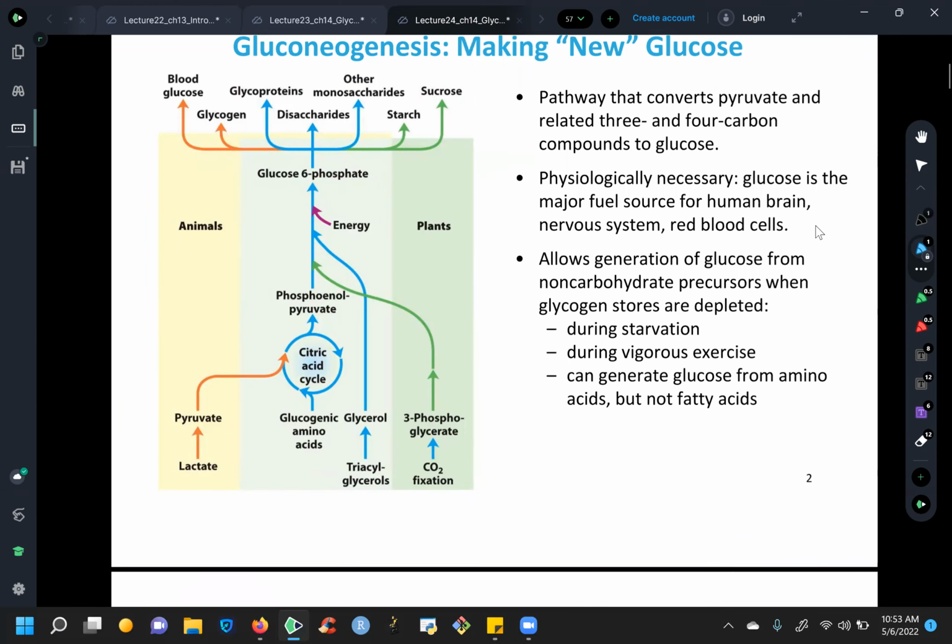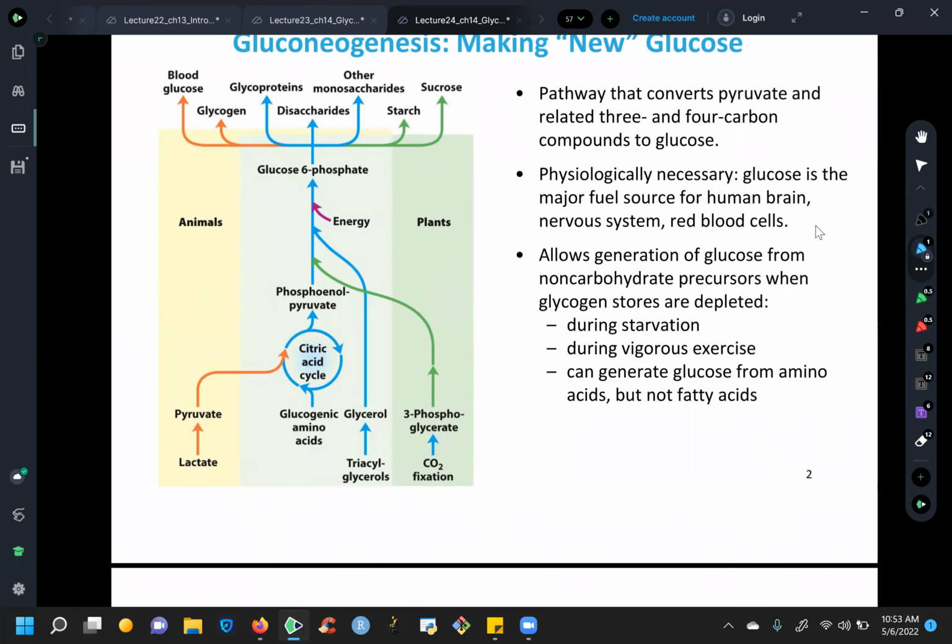It allows generation of glucose from non-carbohydrate precursors when glycogen stores are depleted. So if we have already used all of our glycogen, then we can start using other things that are not carbohydrates in order to make glucose. This happens when you're starving or during vigorous exercise. You can generate glucose from amino acids, but not fatty acids.